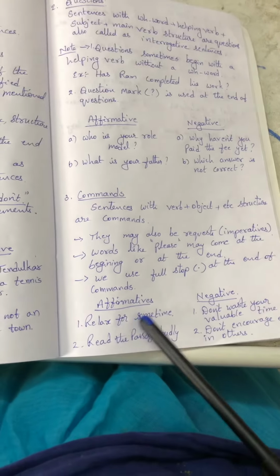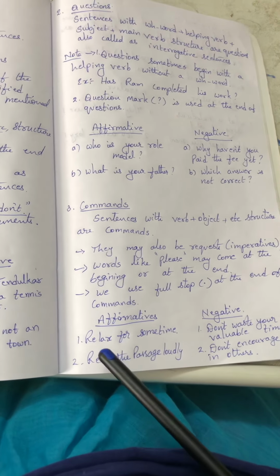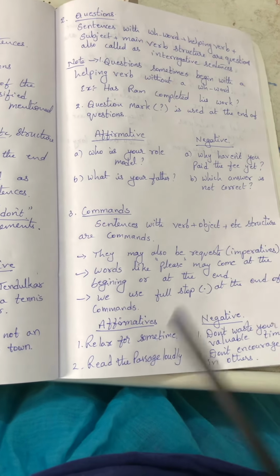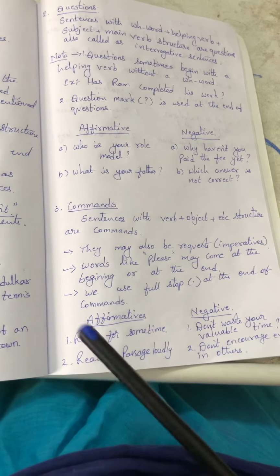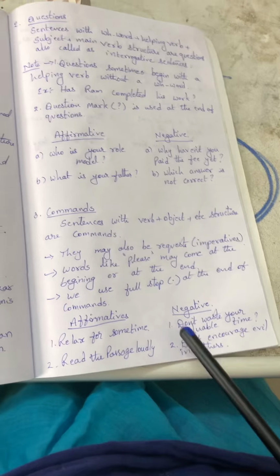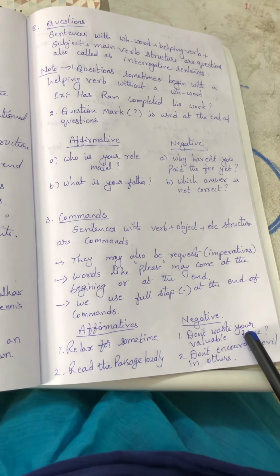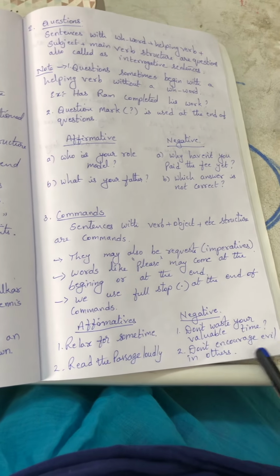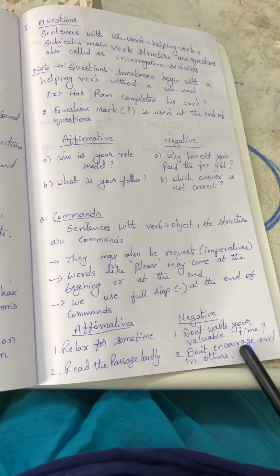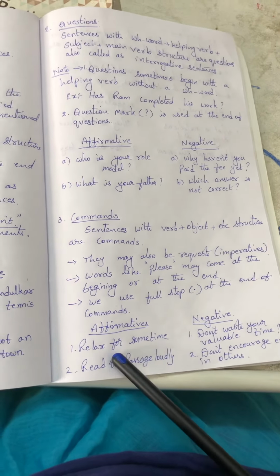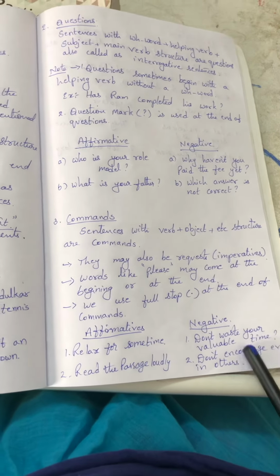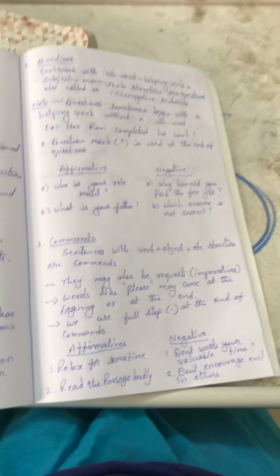See the affirmative positive command: relax for some time. Read the passage loudly. About the negative: don't waste your valuable time. Don't encourage evil in others. These two are commands only. This is a positive way of giving a command and this is the negative way.